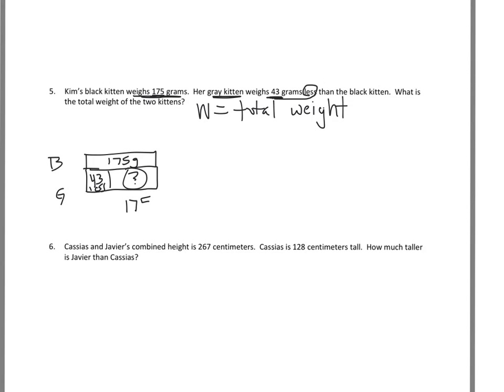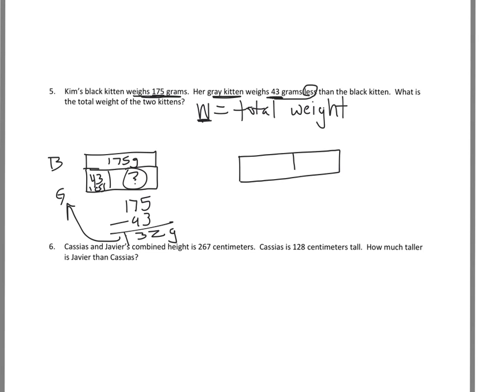And again, that isn't my variable or my letter, because that's not the question. I'm looking for the total weight. So this is just going to give me the weight of the gray cat. So if I subtract this out, I get 132. And that's grams, and that's how much the gray kitten weighs.